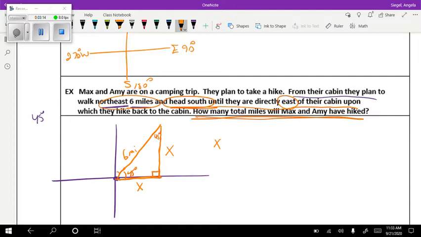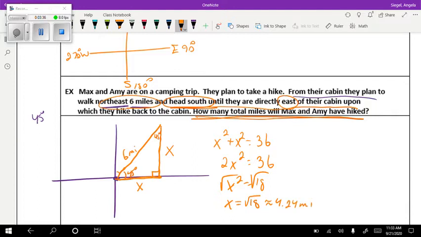a squared plus b squared equals c squared. So x squared plus x squared equals 6 squared. So 2x squared equals 18, so x equals the square root of 18. If you type that in your calculator, that's about 4.24 miles.